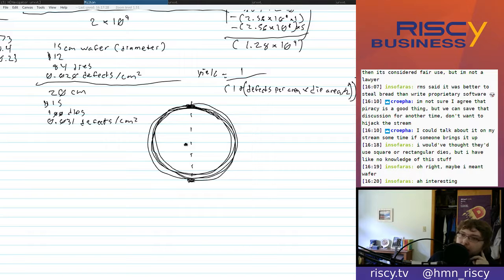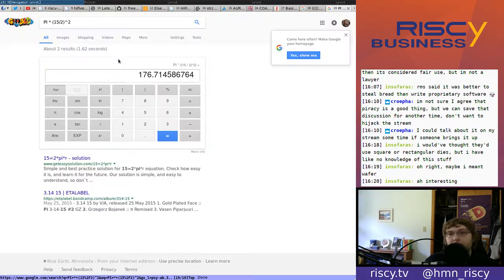So algebraically, I still don't see exactly how you go about solving that. I mean, I know this would be the area for the first wafer in centimeters squared.